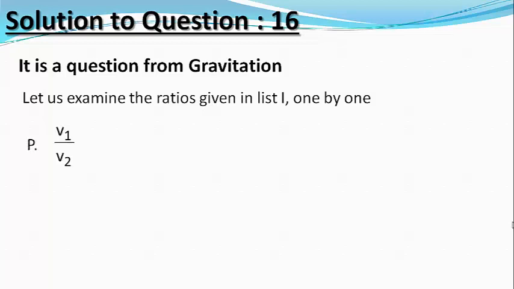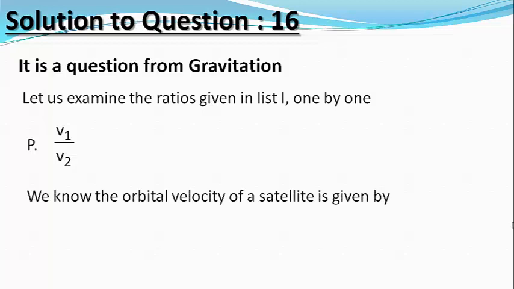We know that the orbital velocity of a satellite in a circular orbit of radius r is given by V orbital equals square root of capital G into capital M divided by r, where r is the radius of the orbit.